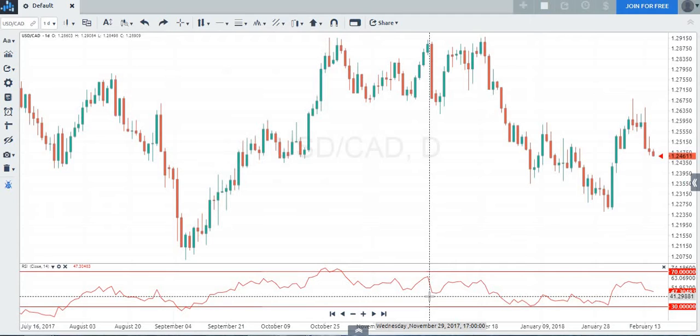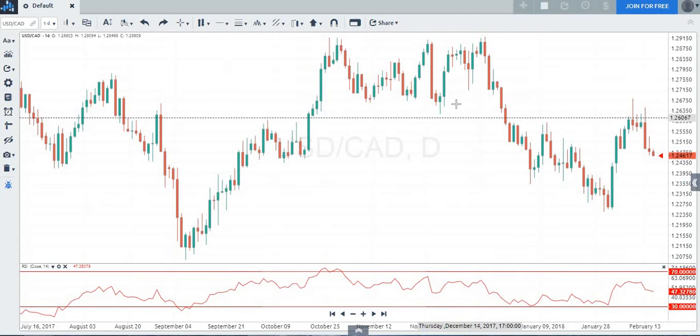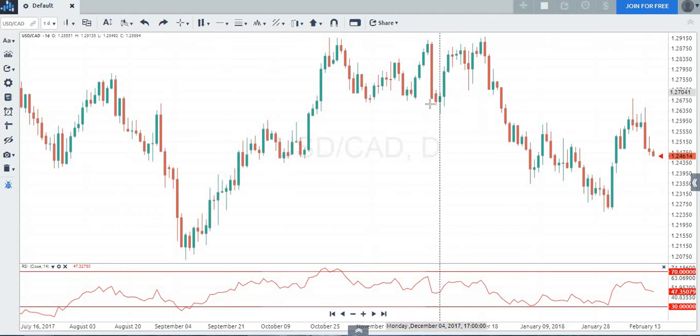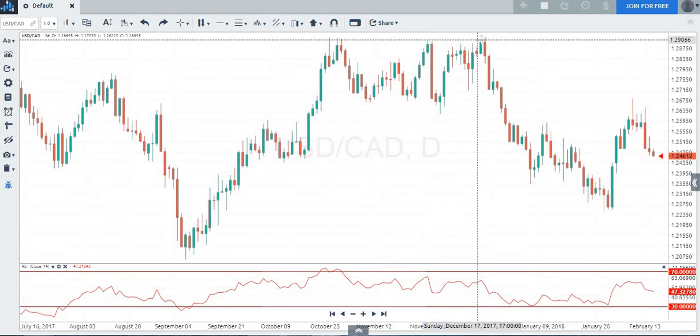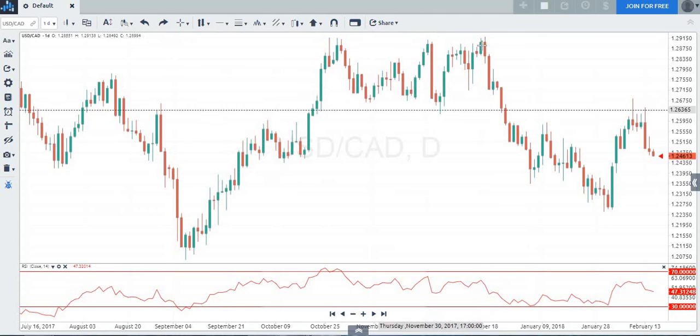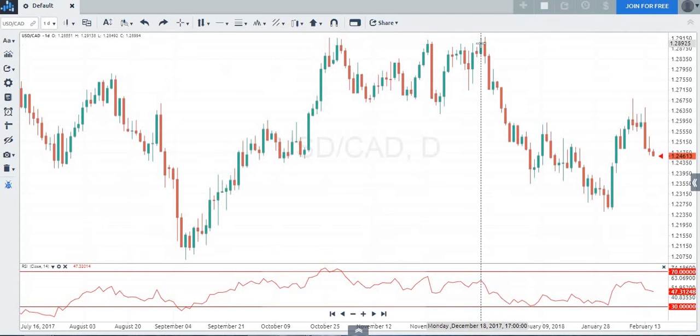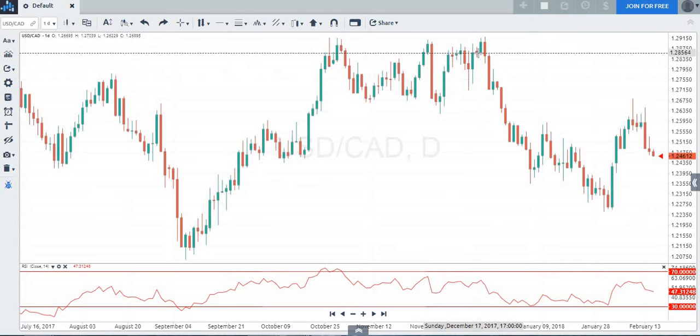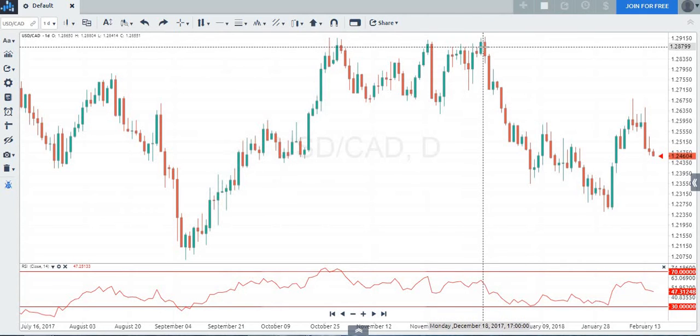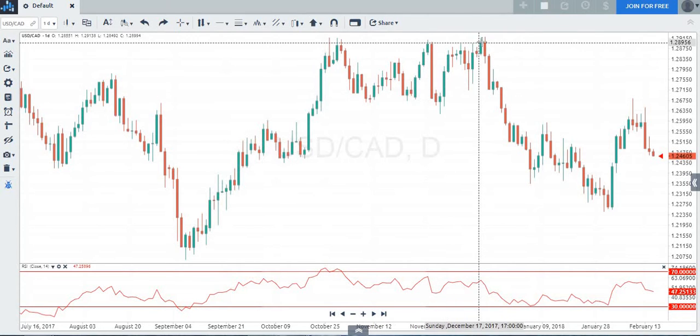That's letting you know that these moves taking price from here up to here, taking price higher, are really baseless moves, right? These are folks who don't really know how to trade, pushing this up higher.